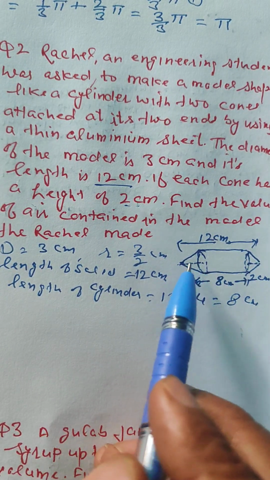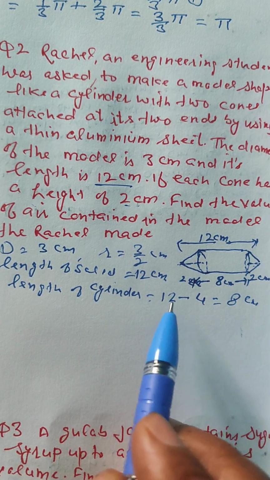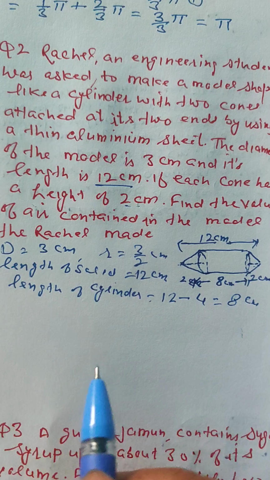Therefore, we subtract 2 and 2, that is 4, from 12. The length of the cylinder will be 12 minus 4, equal to 8 centimeter.